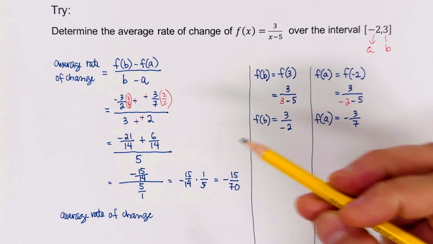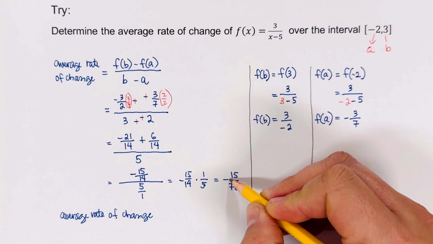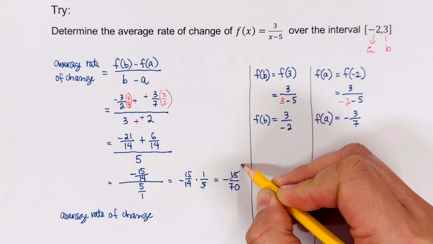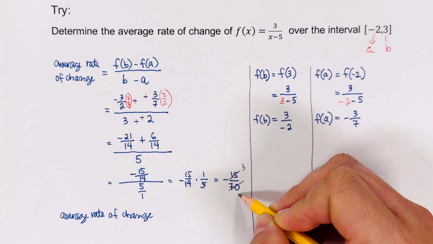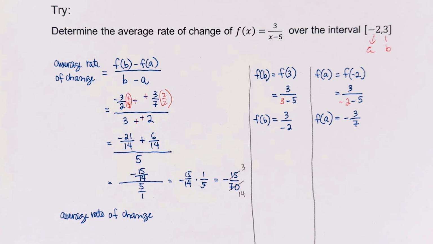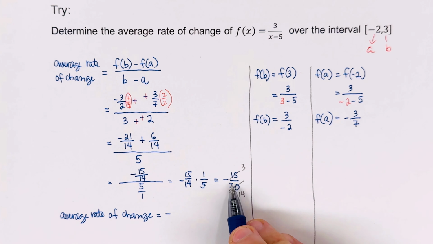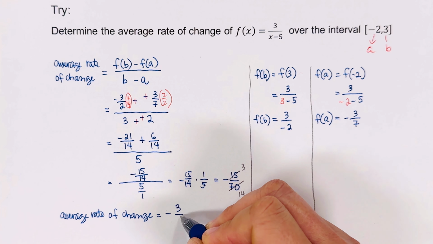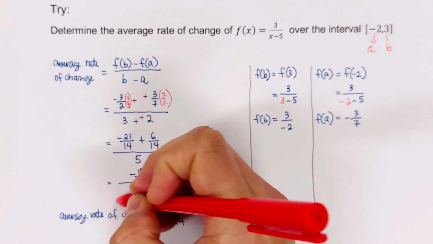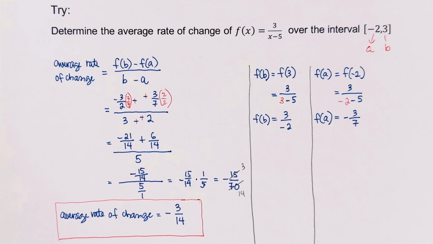So there are 3 5s in 15 and there are 14 5s in 70. So the final average rate of change is negative 3/14, because it's a negative right there. Did you get the same answer as this? Good. Perfect. So that is how we find the average rate of change given the interval and a function.